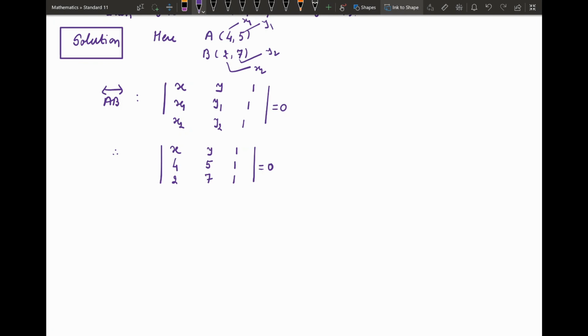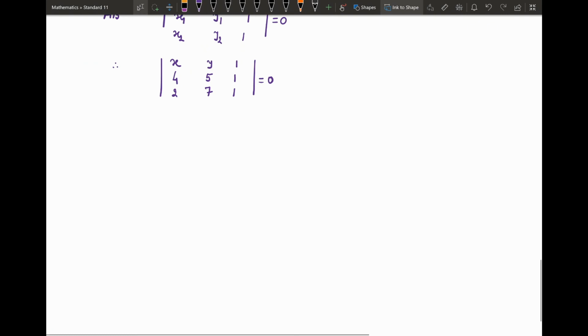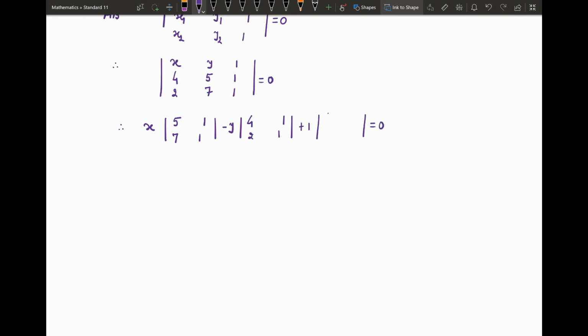Now let us expand this 3 by 3 determinant. As we have discussed earlier, x into the 2 by 2 determinant (5 1, 7 1); for the second component we have to take minus, so minus y into (4 1, 2 1); plus 1 into (4 5, 2 7).